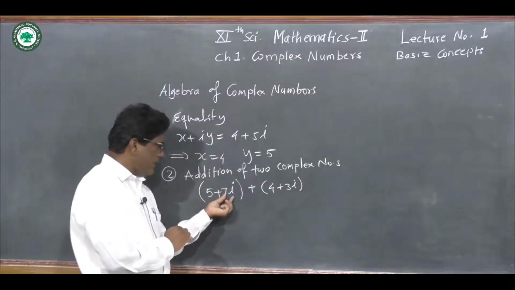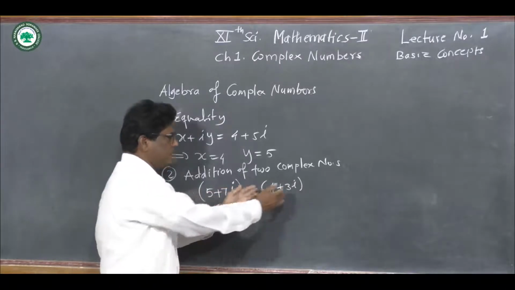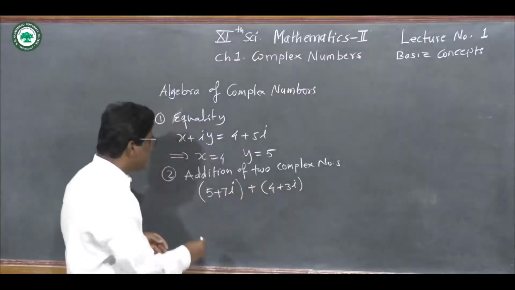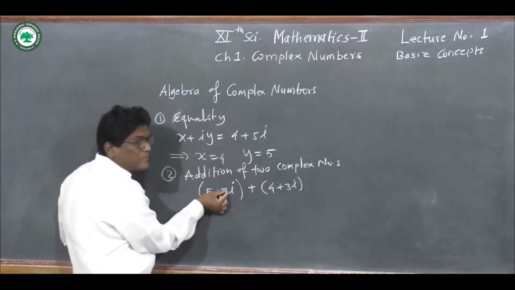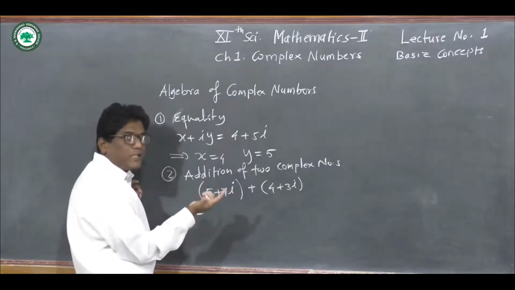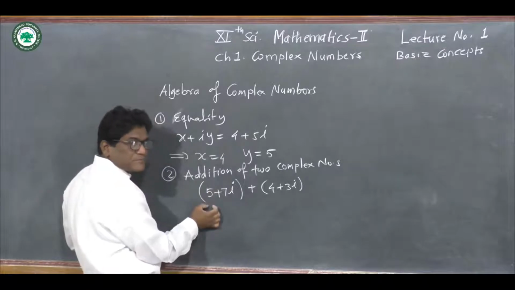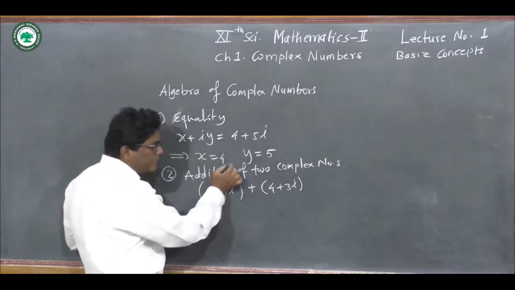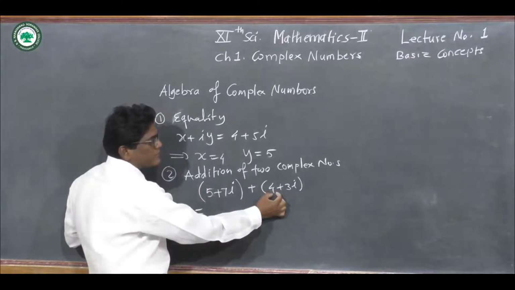Here we cannot add 5 plus 7, that means we don't write 5 plus 7 as 12. This is the imaginary number and this is the real part. So we have to add real part plus real part.